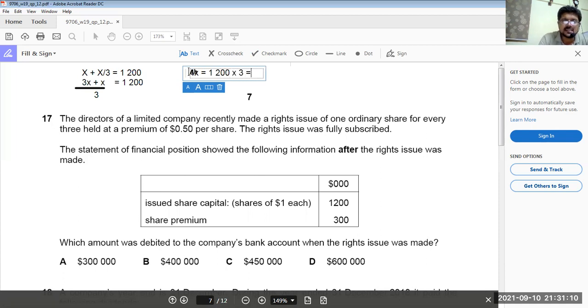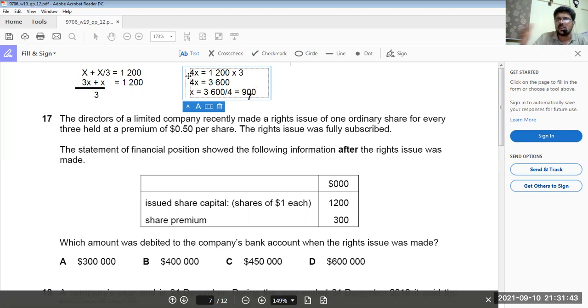So 4x is equal to 3,600, and x is equal to 3,600 divided by 4. Answer is 900. So 900 was actually the issue of shares before the rights issue.